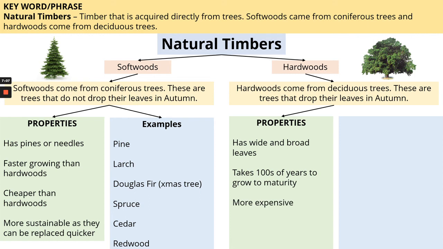And examples of use for these ones, often used for laminate. So laminating is a process where you cover the timber in a sticky coating that makes it look like marble, that makes it look like stone, that makes it look like granite, or you can even put a veneer onto it to make it look like it's solid oak or solid pine, but at a fraction of the cost.